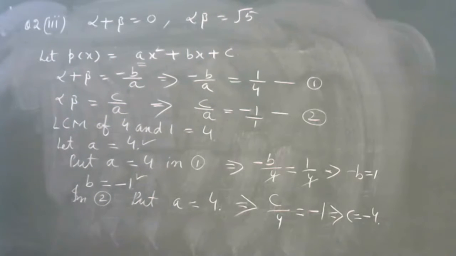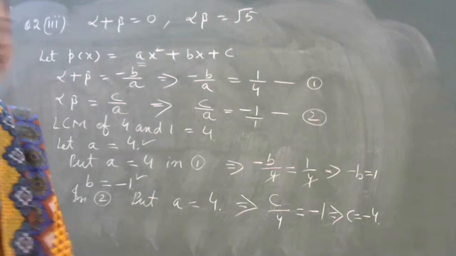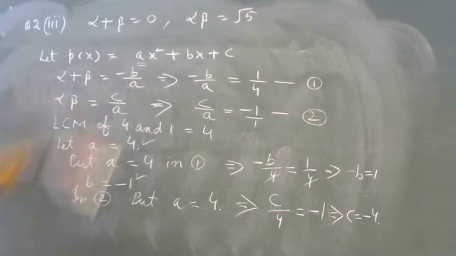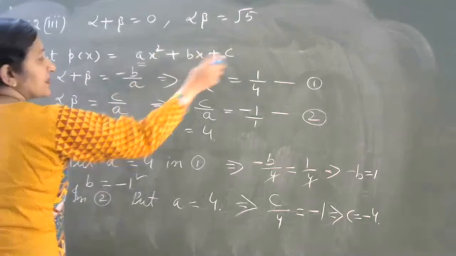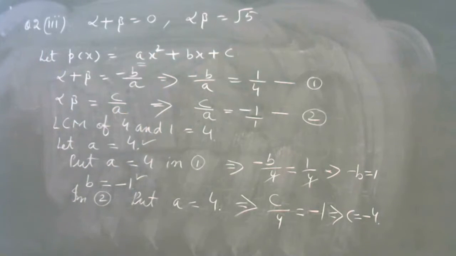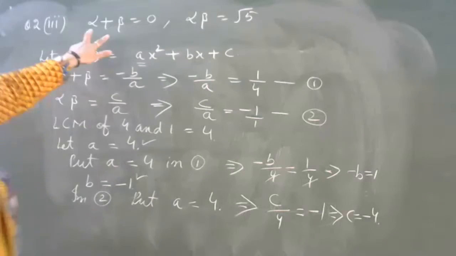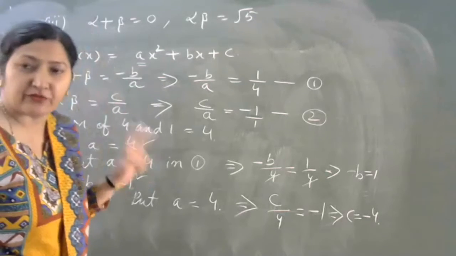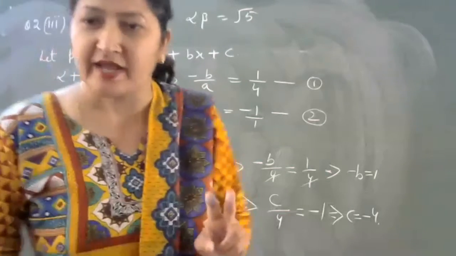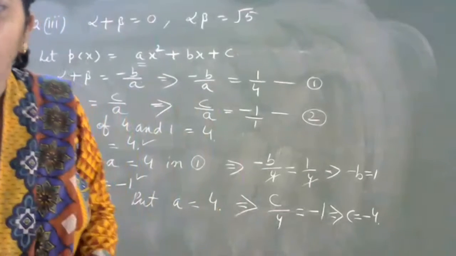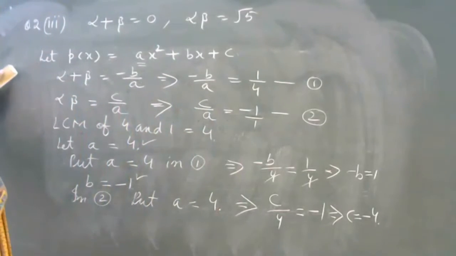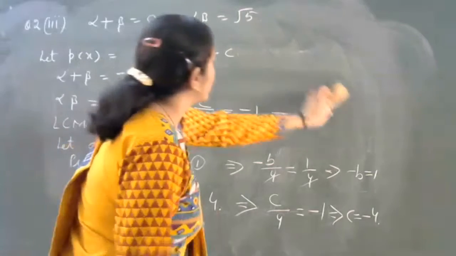So again, we will suppose let the polynomial px is equal to ax square plus bx plus c. Quadratic polynomial we have to suppose because here we are given two zeros. If there are maximum two zeros, then which polynomial will it be? It is quadratic polynomial. So here same relation we have to use.